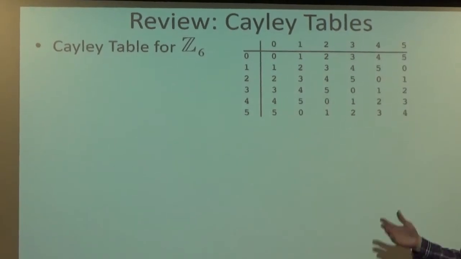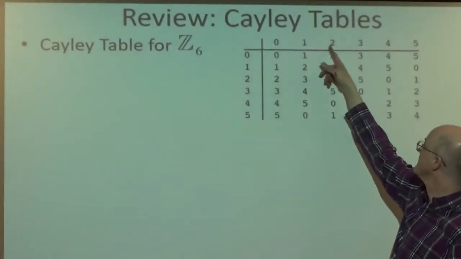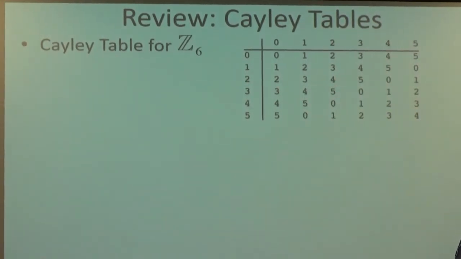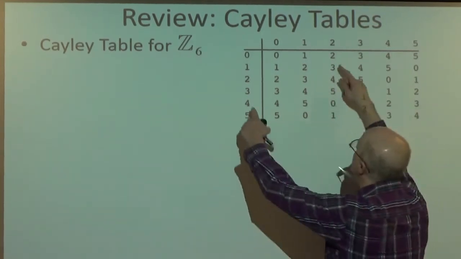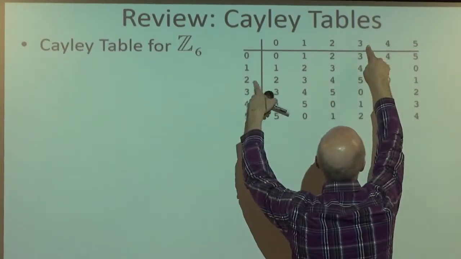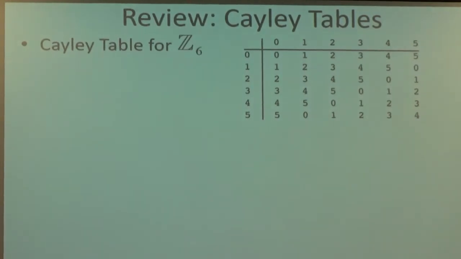And again, if you put the group elements in the same order along the left as you do along the top, the inner matrix being symmetric in this case is illustrating the fact that this is an abelian group. For example, 3 plus 2 equaling 5 mod 6 is the same as 2 plus 3 equaling 5. It's symmetric across the main diagonal, like usual for symmetric matrices.